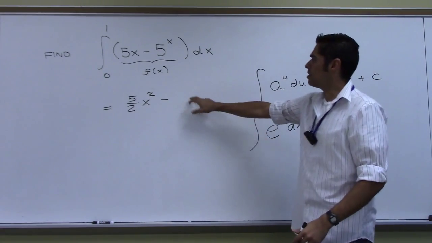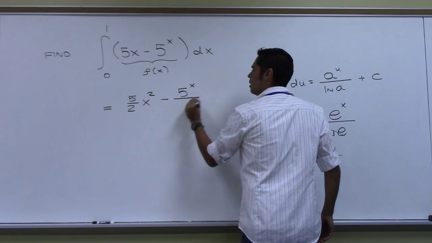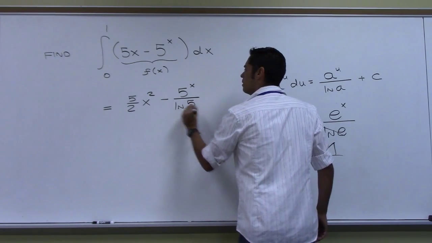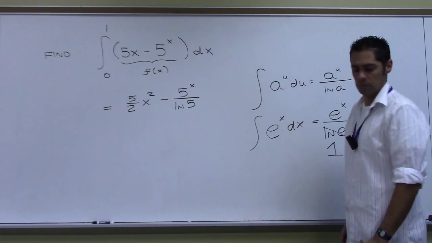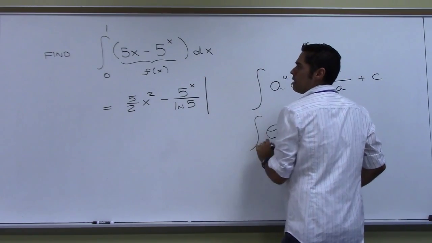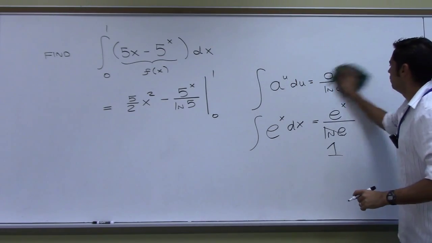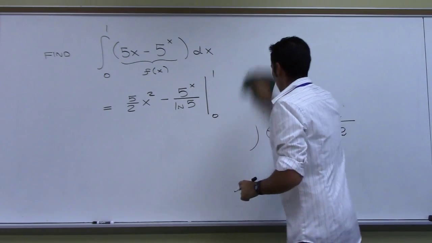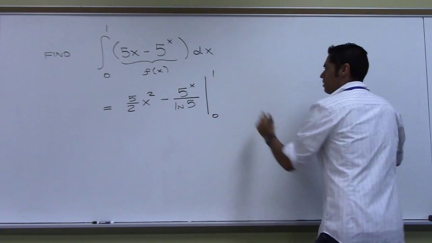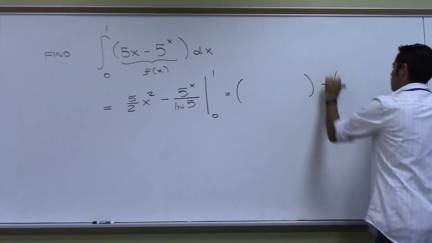All right, so what is this going to be? 5 to the x over natural log 5, right? And then I'm going to put a bar here, and I'm going to put 0 on the bottom, 1 on top, like that. Then, as you're going to see me do throughout the rest of today, I always give myself 2 sets of parentheses.